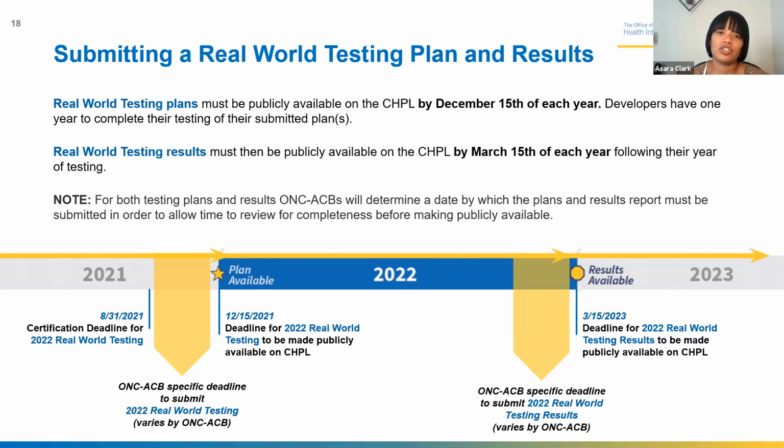You're going to want to make sure that you work with your ACB to understand their submission requirements because it will vary across ACBs. So get familiar with this, same as with the results reporting. Make sure you understand the date by which the ACB that you're working with wants you to submit your results report to them, and make sure that you're familiar with any other submission requirements that they may have in place.